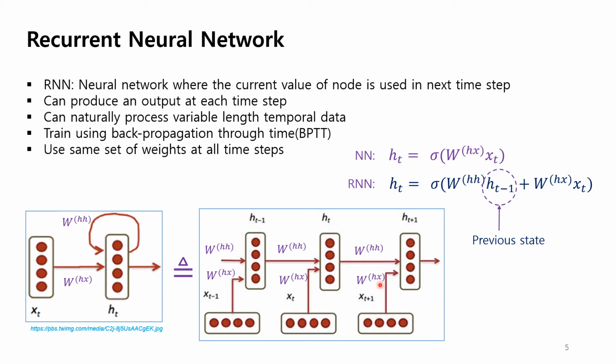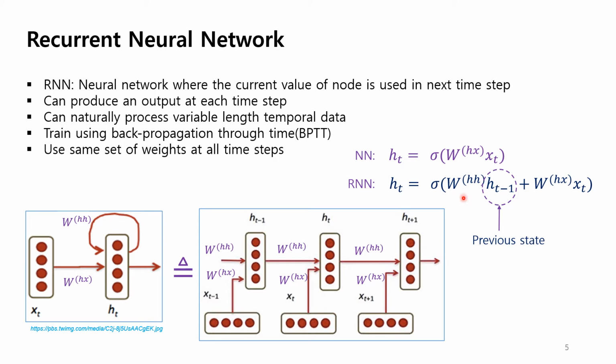If you look at this formula, the difference is more clear now. This one is the output of a traditional hidden node: the input is multiplied by a weight and goes through an activation function, sigmoid or ReLU, whatever, and that becomes the output of the hidden node.